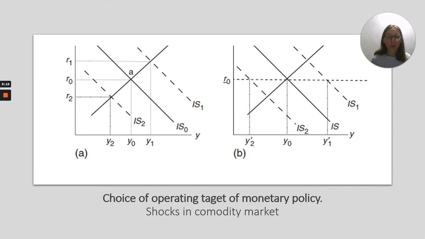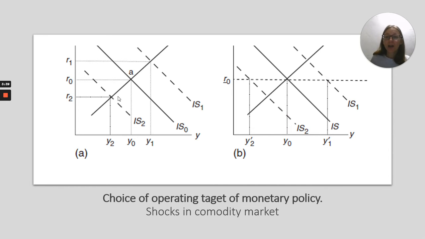So what if we have this big decrease in consumption and the IS curve shifts to the left? If the central bank is committed to keeping a certain amount of money in the economy, so it was concentrated on the money aggregates, they would have no response. They shouldn't have any response or any changes in monetary policy.